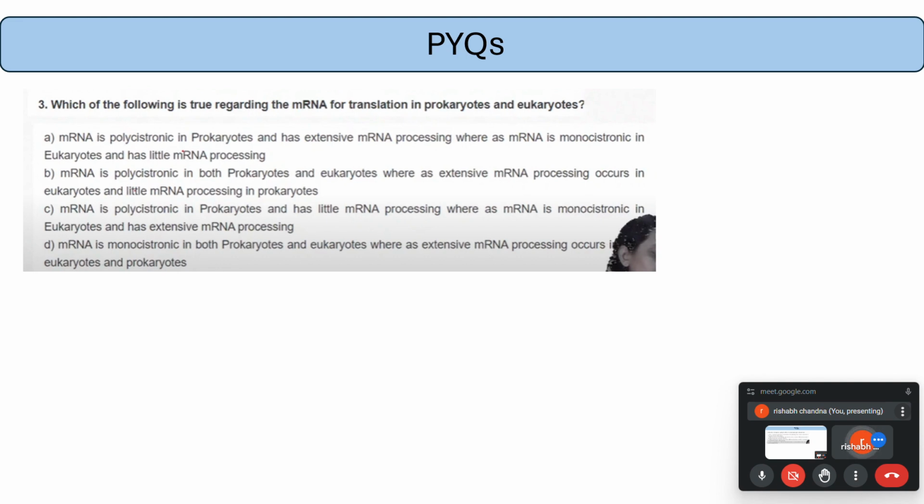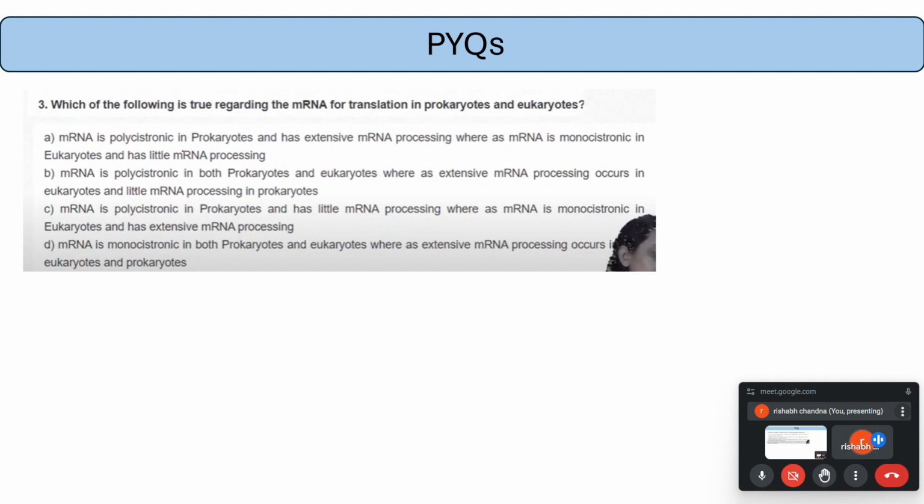Then mRNA is polycistronic in prokaryotes and has little mRNA processing, whereas mRNA is monocistronic in eukaryotes and has extensive mRNA processing. Then mRNA is monocistronic in both prokaryotes and eukaryotes, whereas extensive mRNA processing occurs in both eukaryotes and prokaryotes.